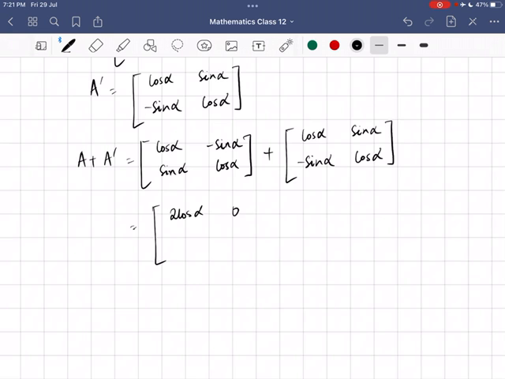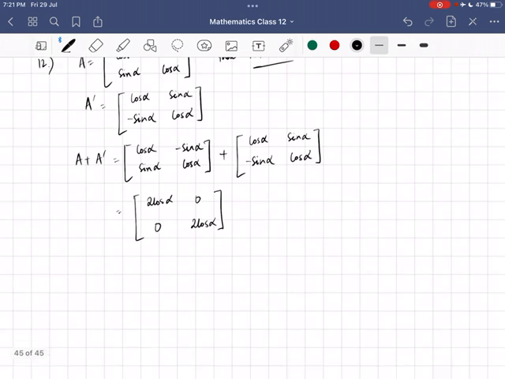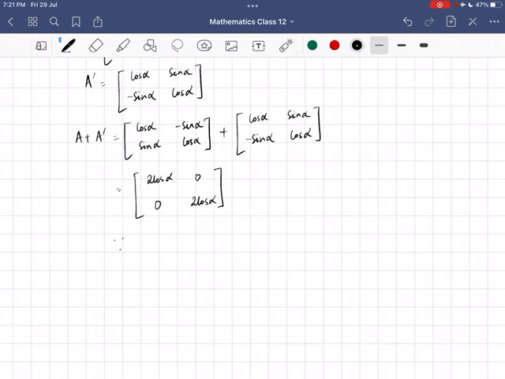Okay, now in the question it says that A plus A transpose is equal to I. So since A plus A transpose is equal to I, and obviously that I will be an identity matrix of order 2, we have 2 cos alpha, 0, 0, 2 cos alpha is equal to 1, 0, 0, 1. So this is what we get.